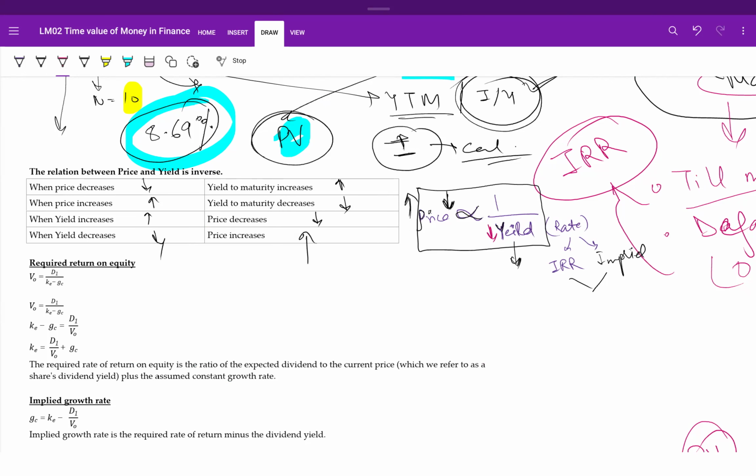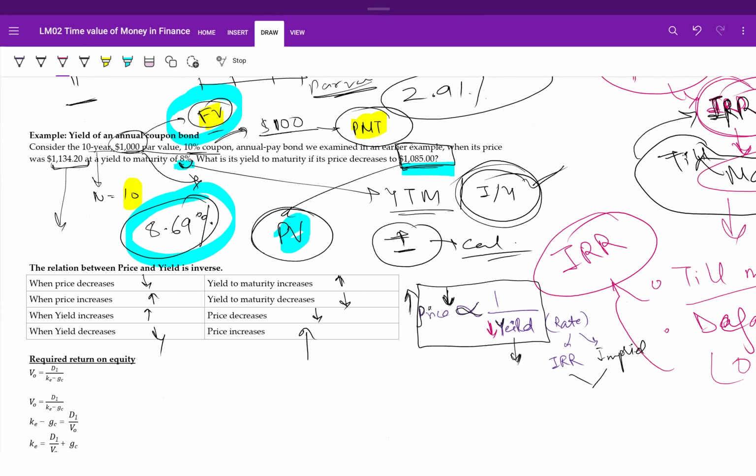Yes, this example we discussed. If you pay attention here, the price actually decreased to 1085, and the yield to maturity increased from 8 to 8.69.